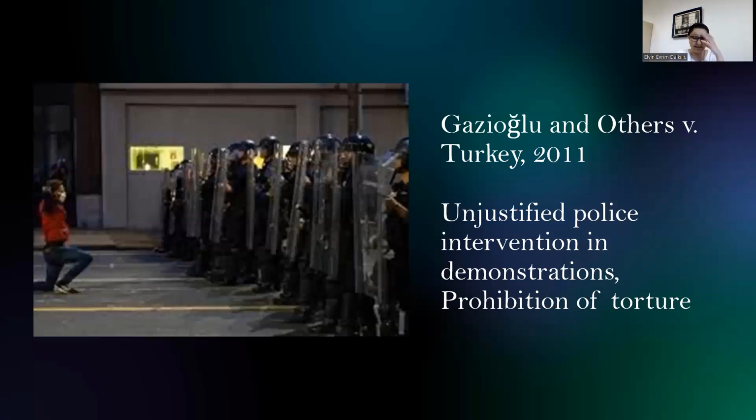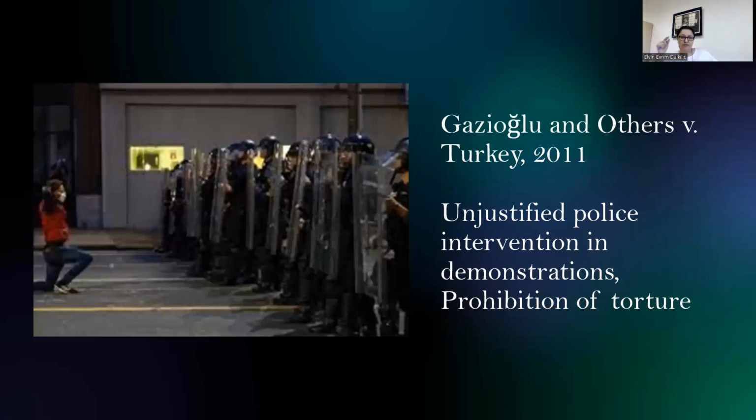Regarding Article 11, the government didn't dispute that there had been an interference with the applicants' right to peaceful assembly. As regards the question whether the interference had been necessary in a democratic society for the purpose of Article 11, the court reiterated that where demonstrators did not engage in acts of violence, as had been the case with the applicants, it was important for the public authorities to show a certain degree of tolerance towards gatherings if freedom of assembly was not to be deprived of all substance.